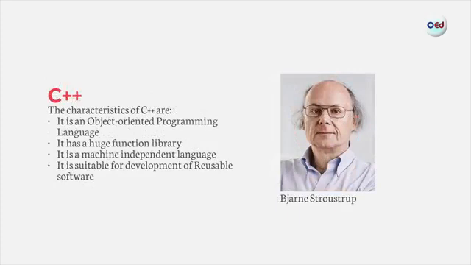Next, we have C++, the breadth of this course. C++ is attributed to Bjarne Stroustrup. C++ is a successor of the C language. It is a low-level programming language that has control over the entire machine.